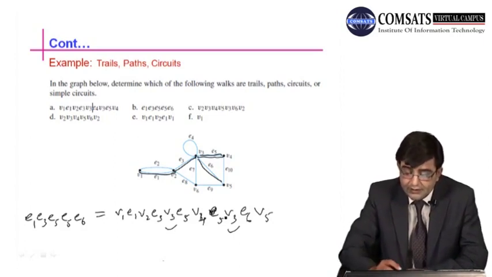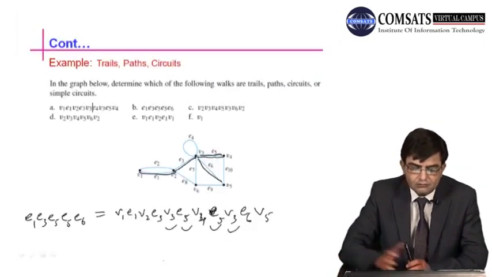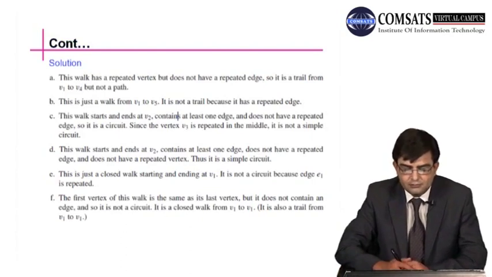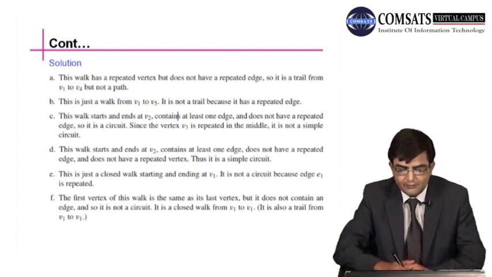There is a repeated vertex, V3, and there is a repeated edge here. So this is just a walk from V1 to V5.